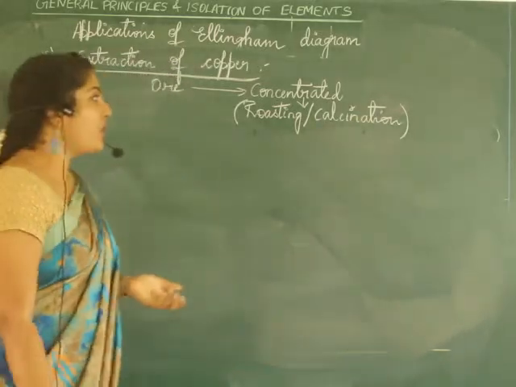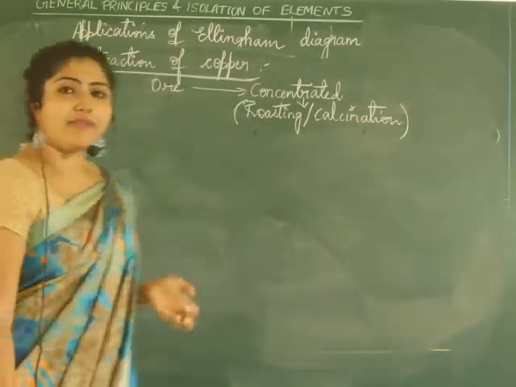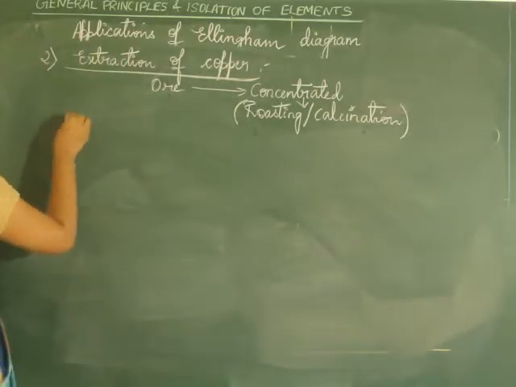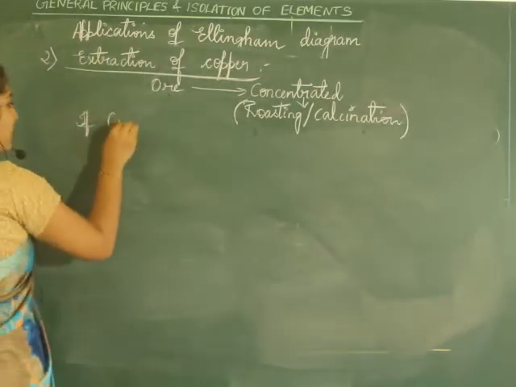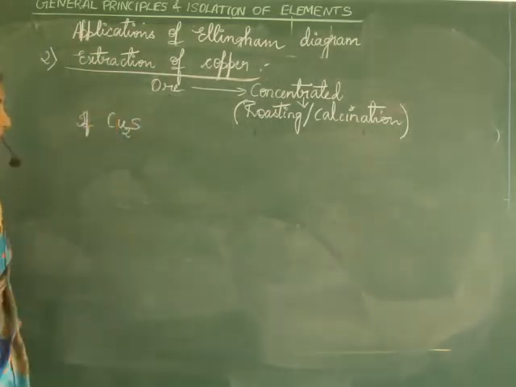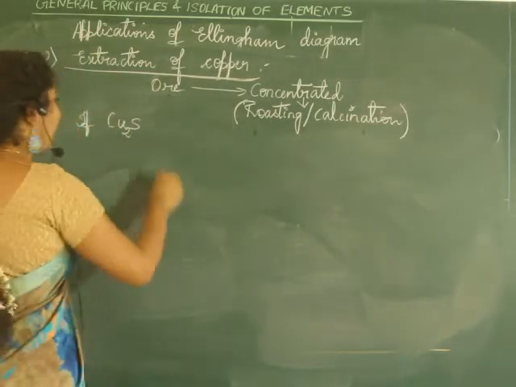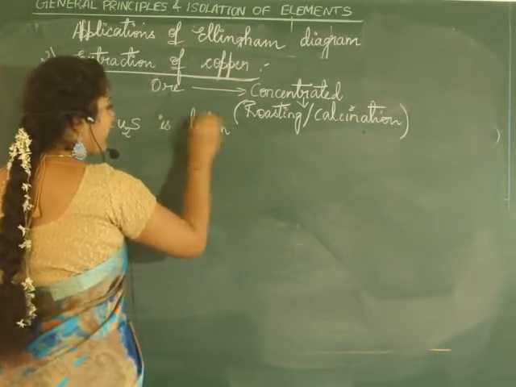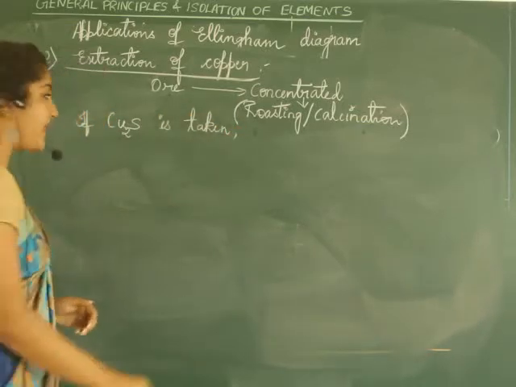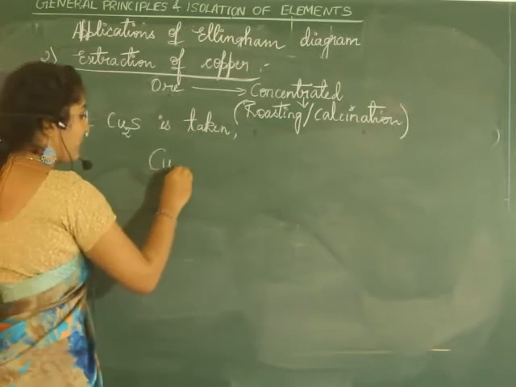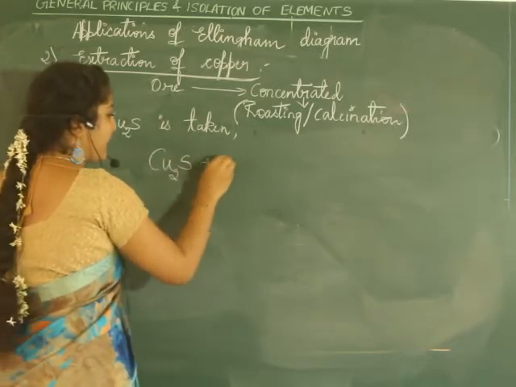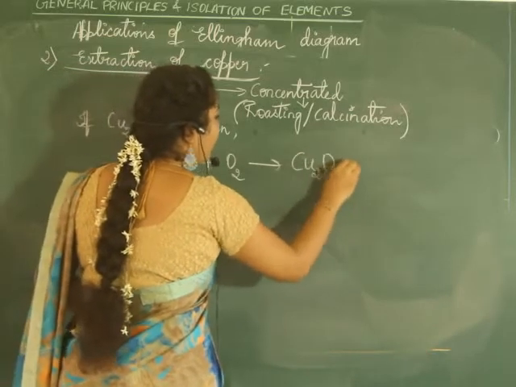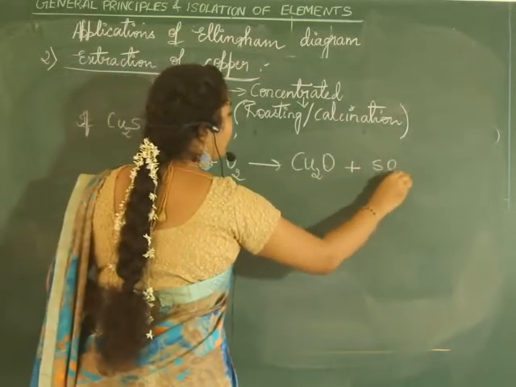Now next, what will be done? After that, we treat it with some reducing agent. So we shall see, if sulfide ore of copper is taken, then what will be the reaction? 2Cu2S plus 3O2 gives 2Cu2O plus 2SO2.